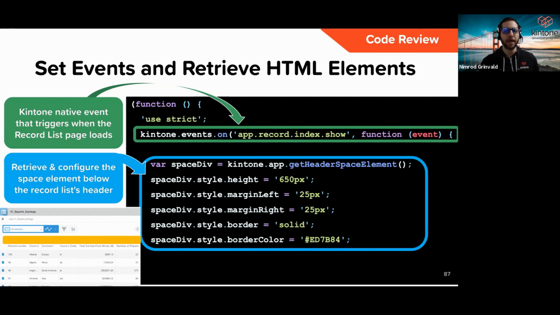In Kintone, we want to get the space element. We want to get this area that is above the record list. That's called the header space element. And we're going to use a method that Kintone already exposes, and it's going to get that div. We're going to save it as a variable and then begin to style it accordingly. You can give it a border and some color, give it a certain height and size.